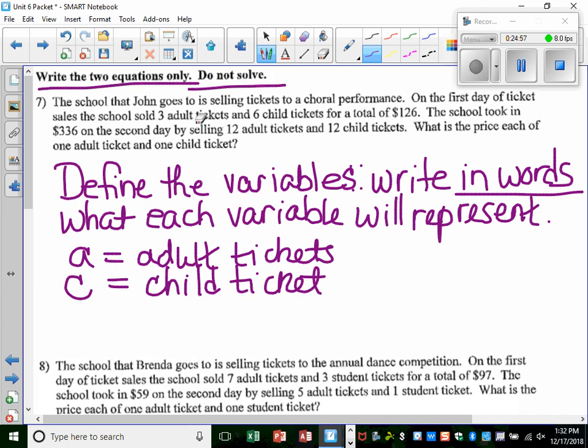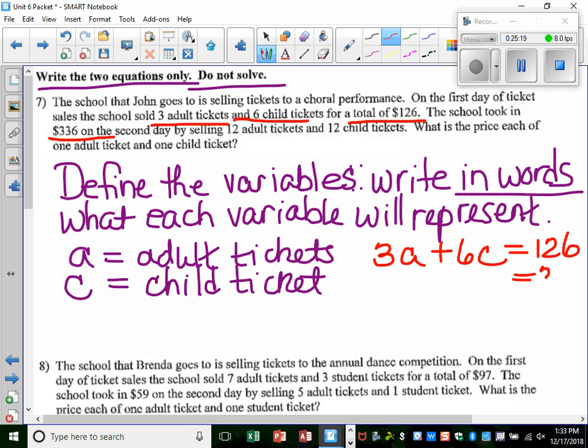If it says 3 adult tickets and 6 child, gave them a total on the first day of 126. There's my equation right there. On the second day, the sales total 336.